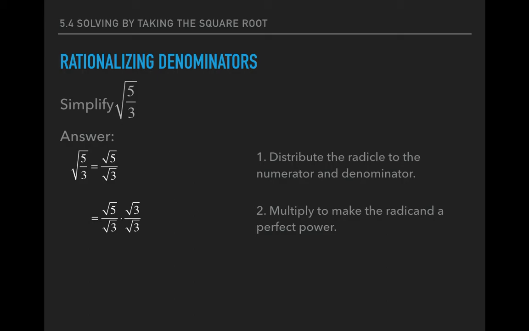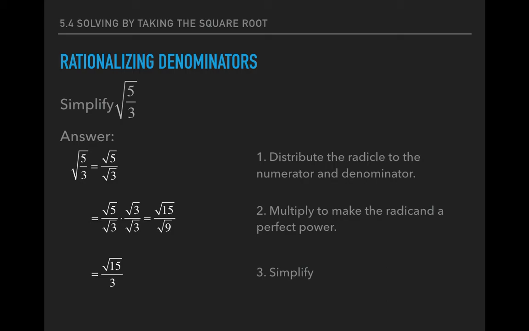Watch what happens when we multiply here. We would have in the numerator the square root of 15 over the square root of 9. If you simplify, that gives you the square root of 15 over 3. So in multiplying our original by the square root of 3 over the square root of 3, we didn't change its value.